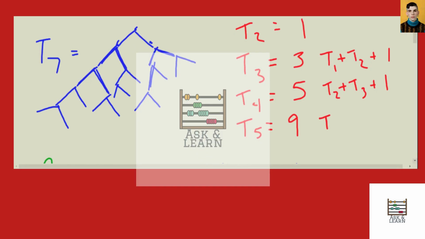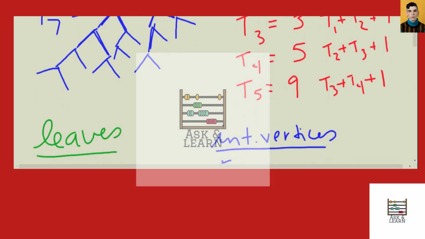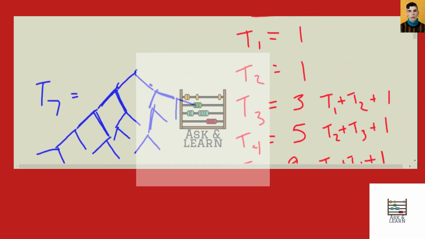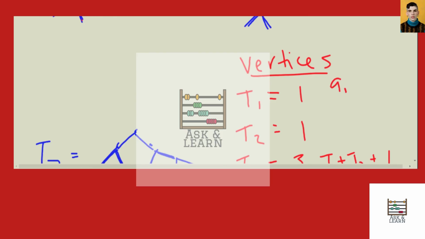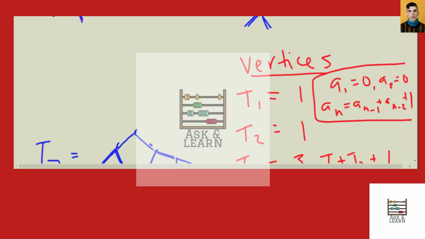And then T3 plus T4 for T5's vertices gives us 3 plus 5, which is 8, and then plus 1. So we have A1 equals 0, A2 equals 0, but An is going to equal An minus 1 plus An minus 2 plus 1. And that's our answer for the vertices.